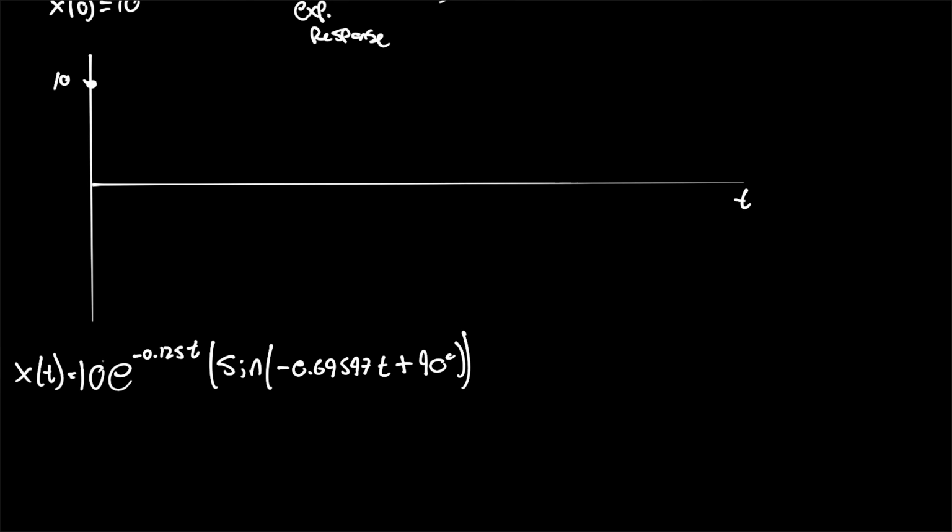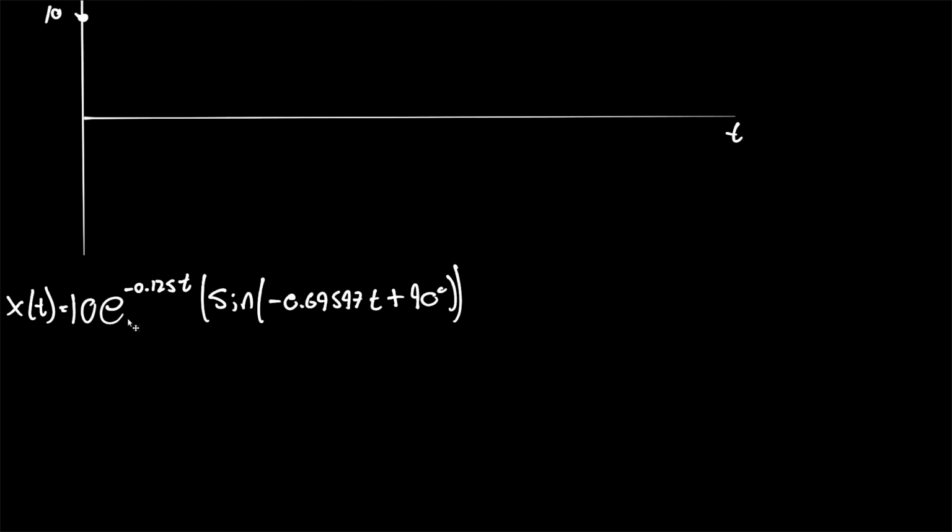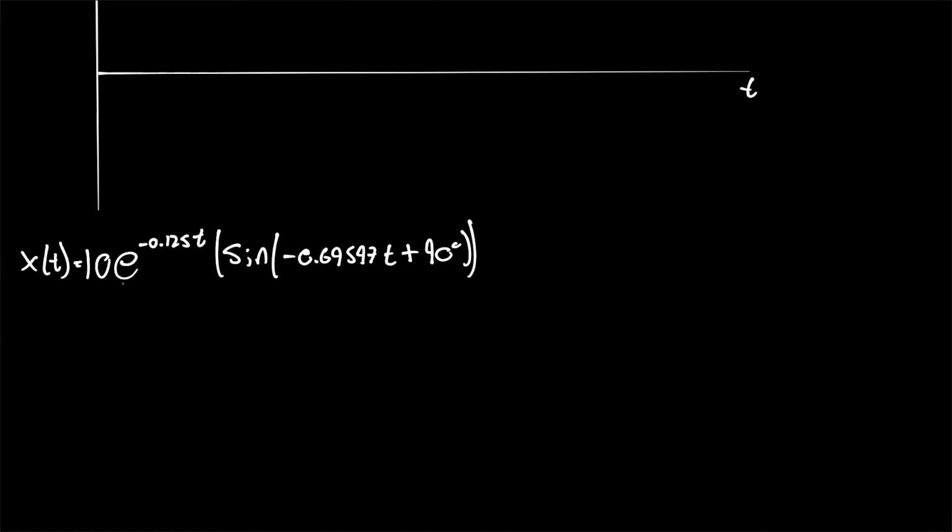Now interestingly enough, if we want to figure out how long it takes for that motion to decay, we need to consider this exponential decay. So for exponential decay, for 98% of the motion to be completed, we need to be at approximately 4 time constants. And what's a time constant? Well, an exponential decay is defined as e to the power of negative t over tau, where tau is a time constant.